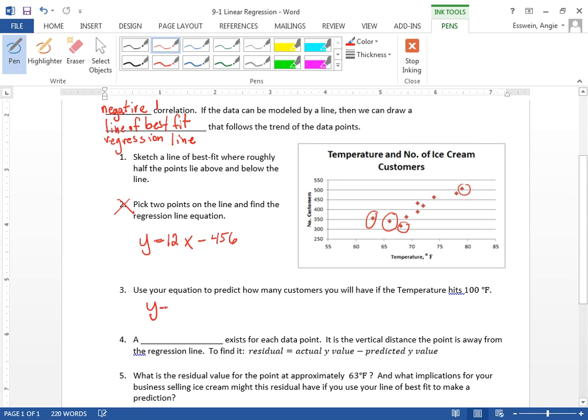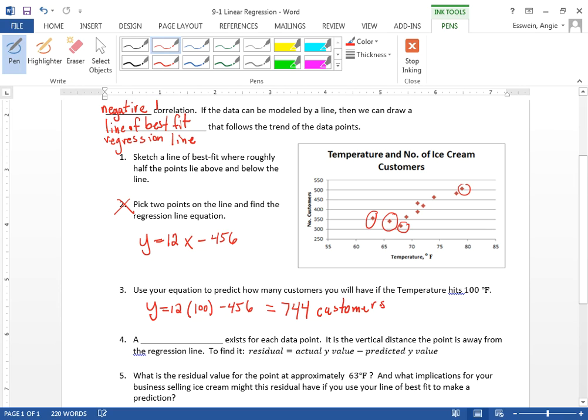You get y equals 12 times x, which is 100, minus 456. You can do that on your calculator. And we definitely want to give it units, but we would get about 744 customers.